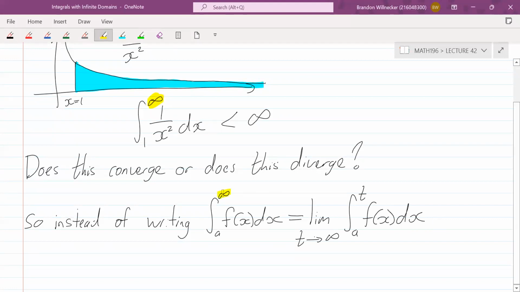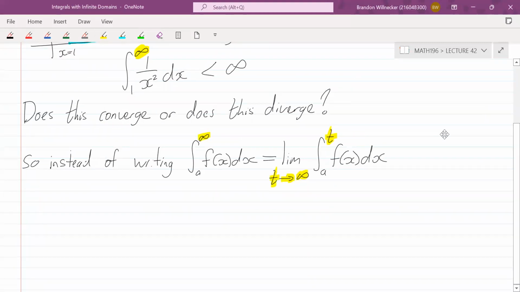So instead of substituting infinity directly, we write this in terms of t, and then we take the limit as t goes to infinity. That's the proper way of doing this. We do it with limits.